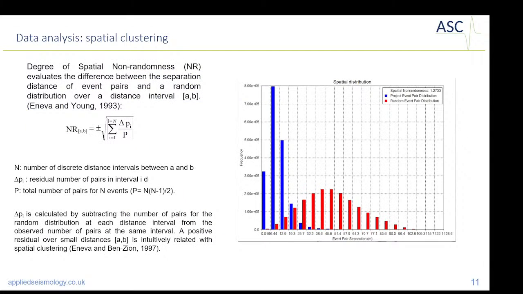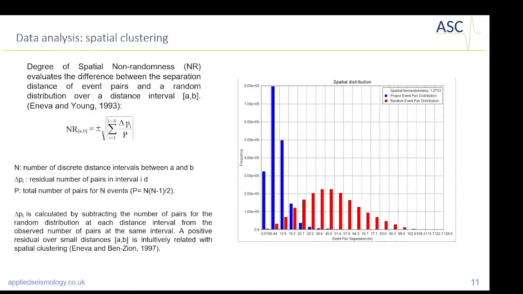So, what sort of analysis can be done in real time on our results, or in post-processing, analyzing a seismic catalog? A very basic one is looking at the spatial clustering of our events. One interesting parameter is the degree of spatial non-randomness. That is, how far is our distribution from being a random distribution?